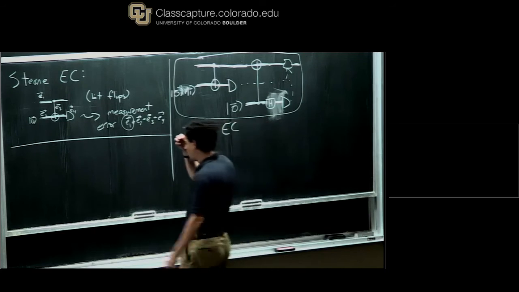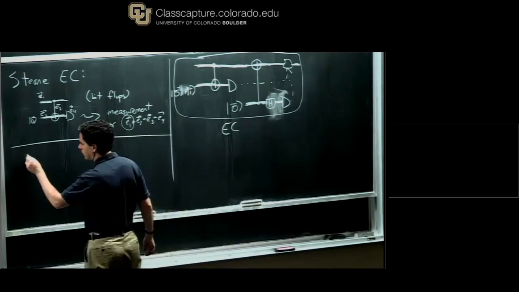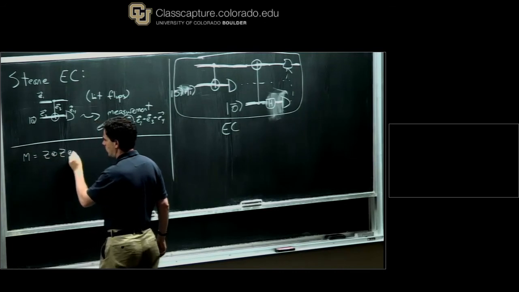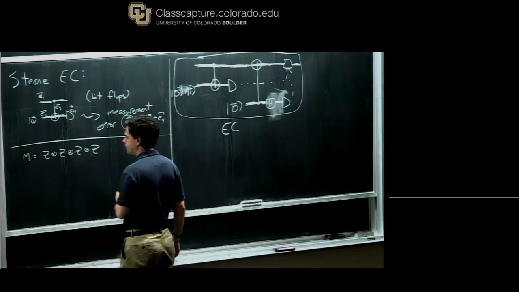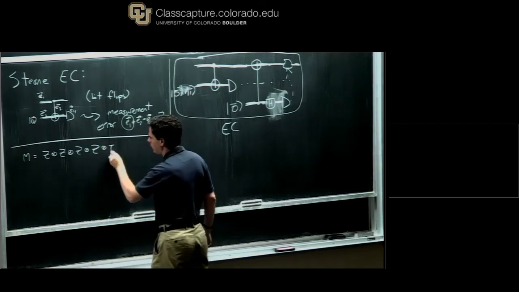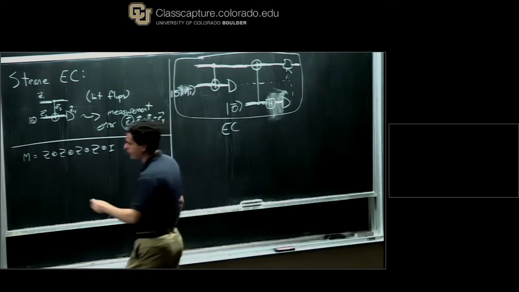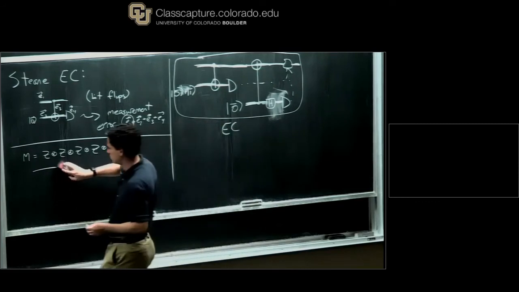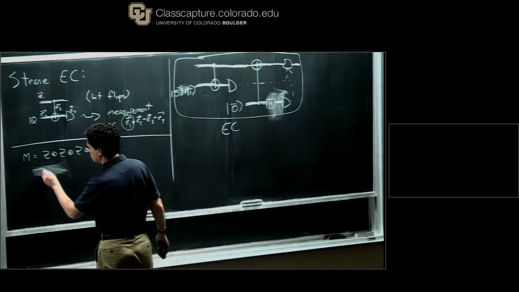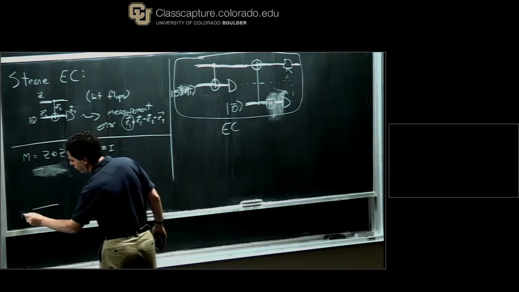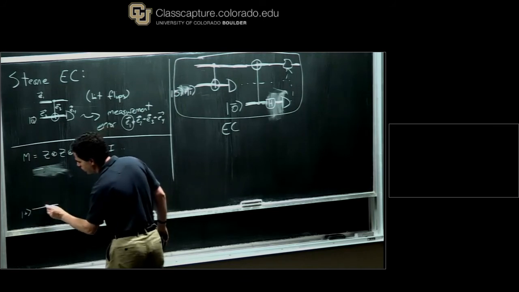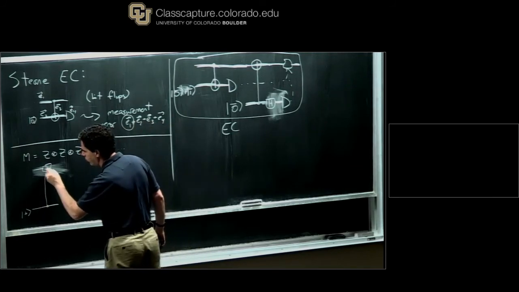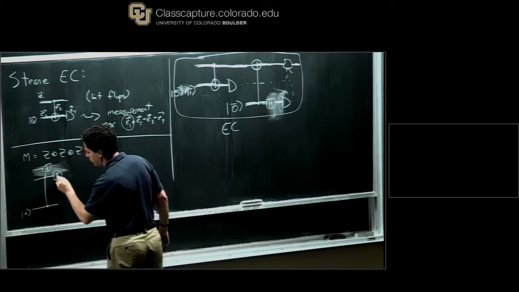If you have a generator that's like, let's say ZZZZ, and then tensor identities, like in the 7-qubit code, what we're going to do is take one ancilla, start it in the plus state, 0 plus 1, and do controlled Z operations to each of these 4 qubits.